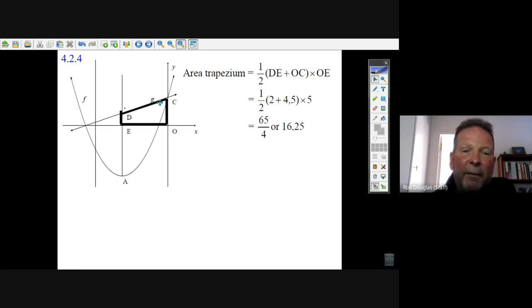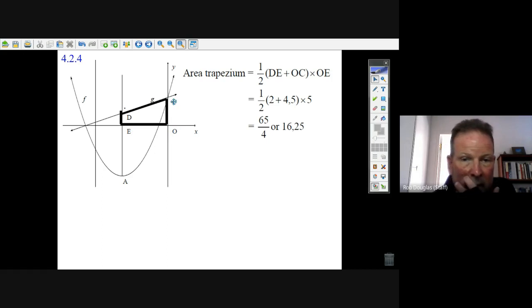But there's a formula for the area of a trapezium. If you didn't remember it, you could do the area of the rectangle and add the triangle, and you'll get exactly the same answer. But the formula is add the two parallel sides, DE, which is 2, and OC, 4.5, multiply it by a half, and then multiply it by the base of this trapezium, which is 5. Because we know it's from 0 to minus 5, that's 5.